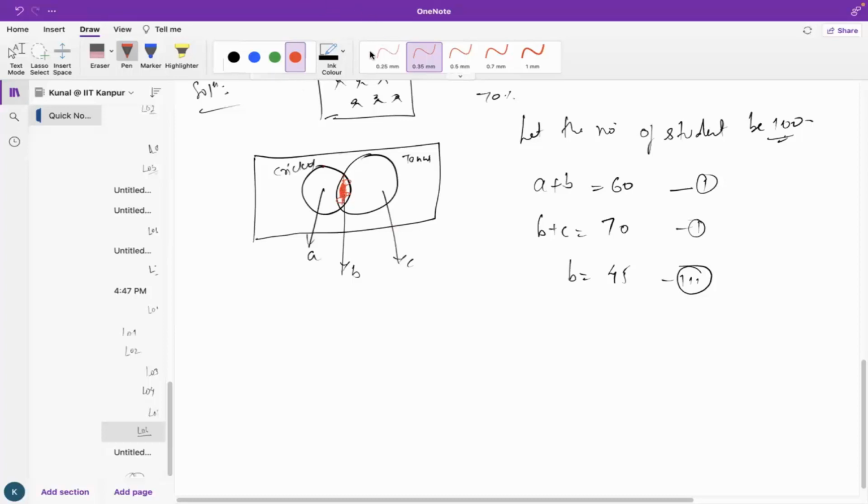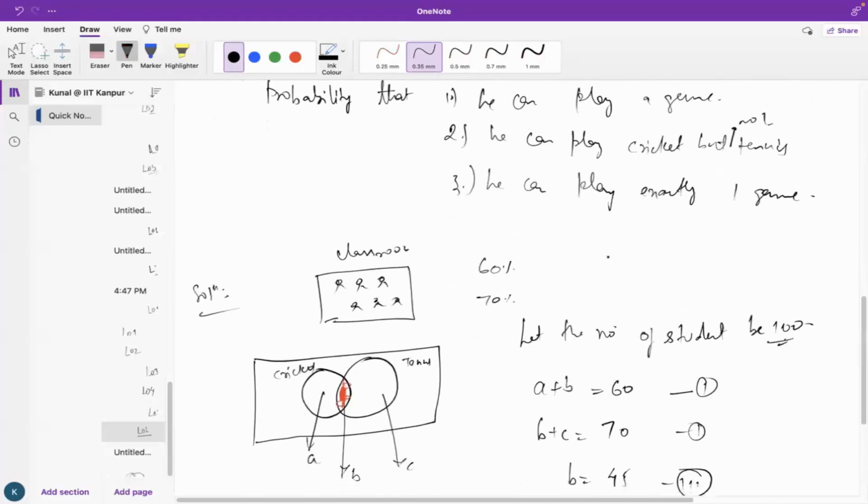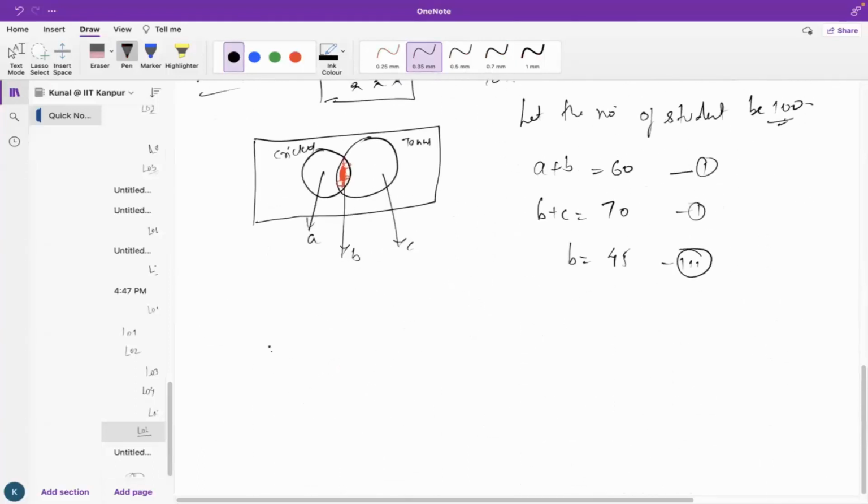So what I have to find in the first question, let me use the black ink. Okay. So what I have to find is that he can play a game. That means the probability of cricket union tennis. He should know how to play a game. And what does this region represent? This region represents a student who neither knows how to play cricket nor how to play tennis.